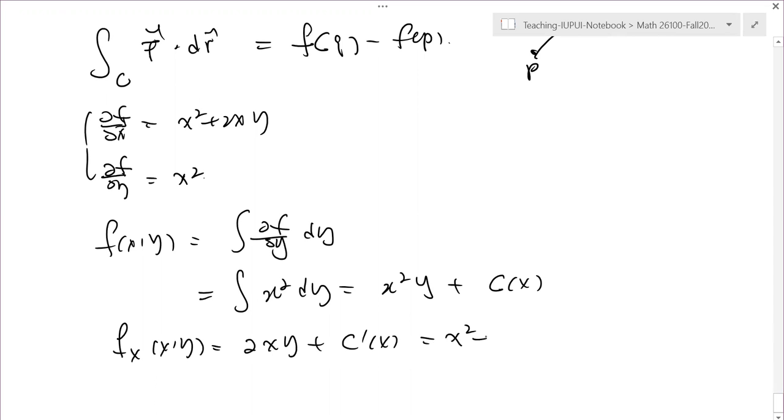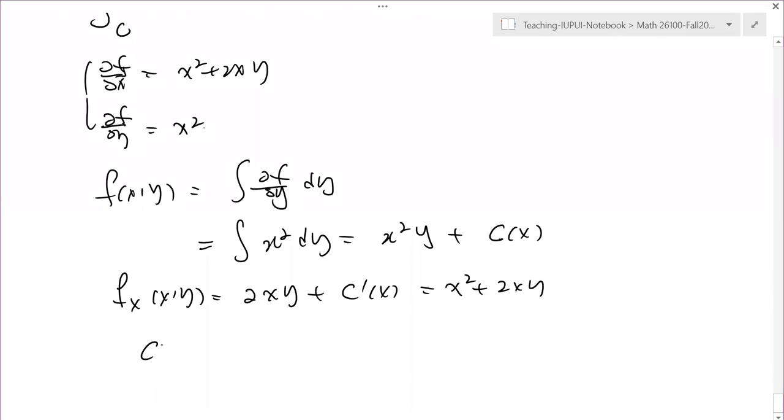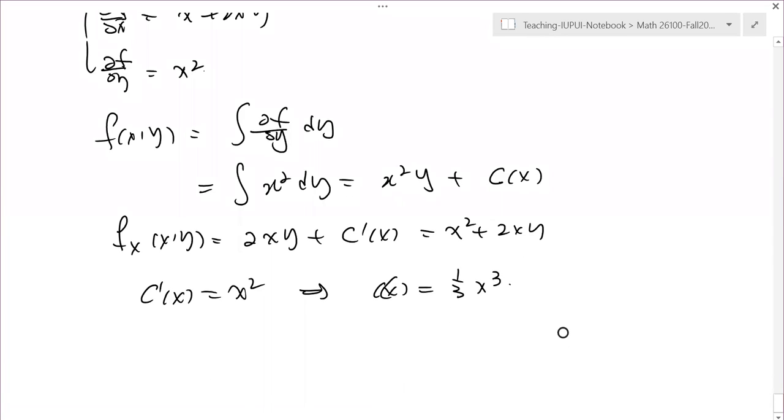And that's supposed to be x squared plus 2xy. So c prime of x is going to be x squared. Okay. Then c(x) is going to be 1/3 of x cubed. Okay. You don't need to write plus constant here, it's just one special. So you get the function 1/3 x cubed plus x squared y.